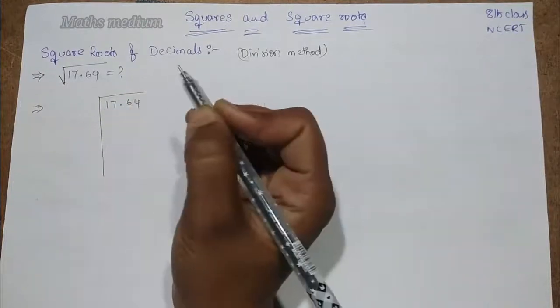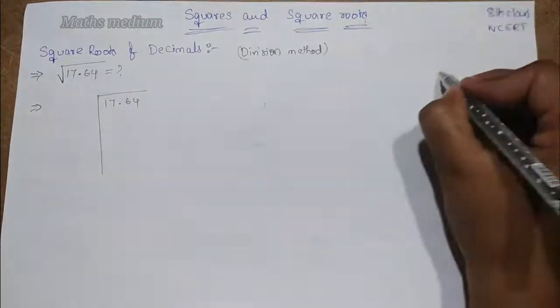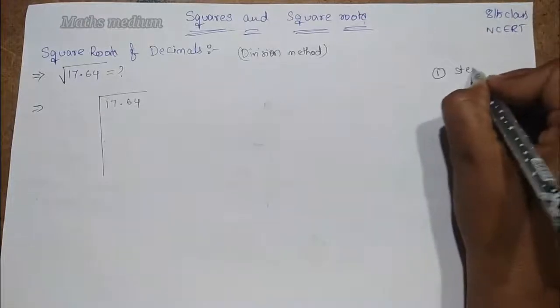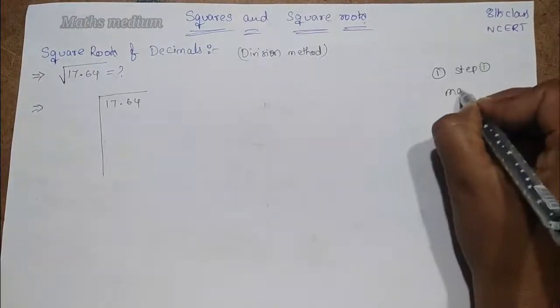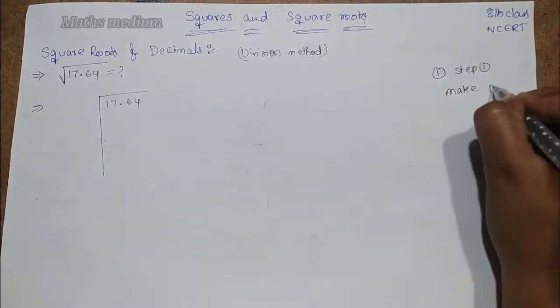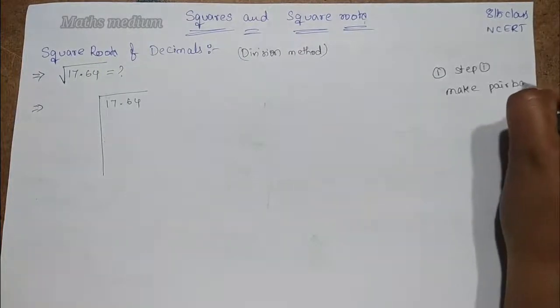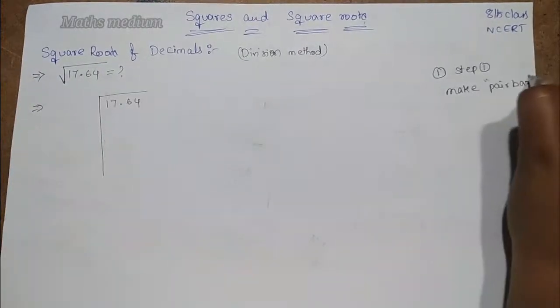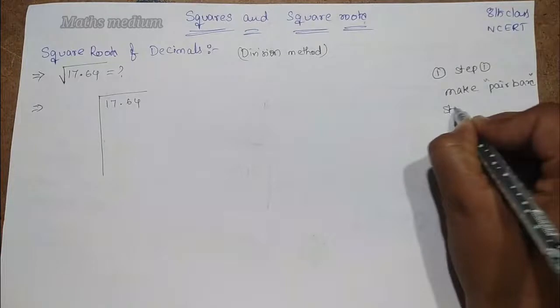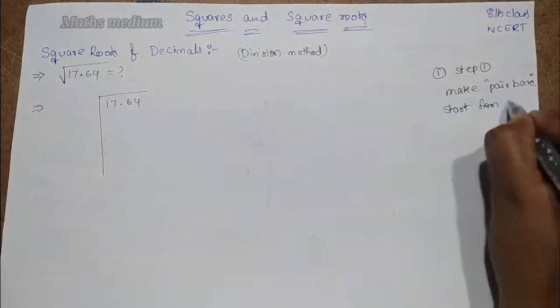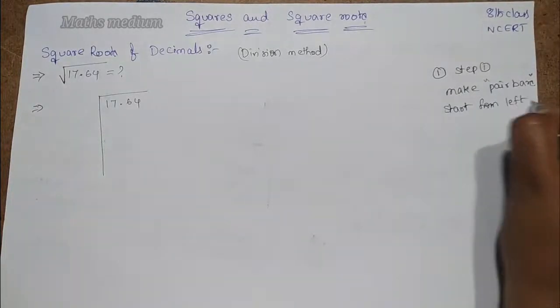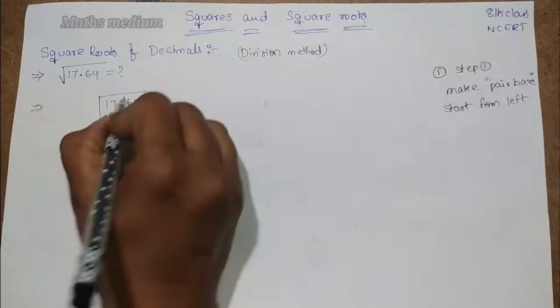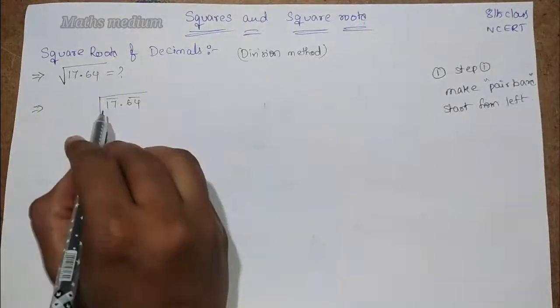17.64. Now as usual, take step 1: make pair bars and start from left. So here make pairs. First start with the 17.